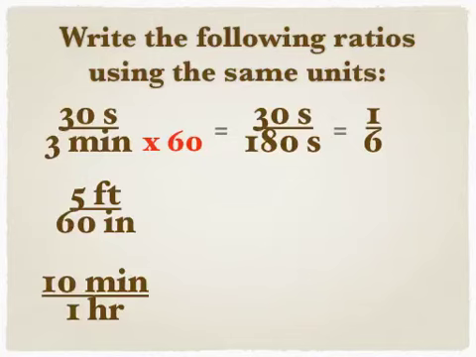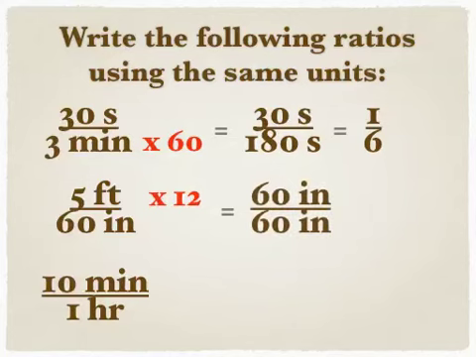If I wanted to go from feet to inches, I would multiply however many feet I have by 12 to get inches, and if I wanted to go from inches to feet, I would divide the number of inches by 12 to get how many feet. I'm going to choose to multiply the 5 feet times 12 and convert 5 feet to 60 inches. Notice I have 60 inches over 60 inches, which simplifies to just the whole number 1.